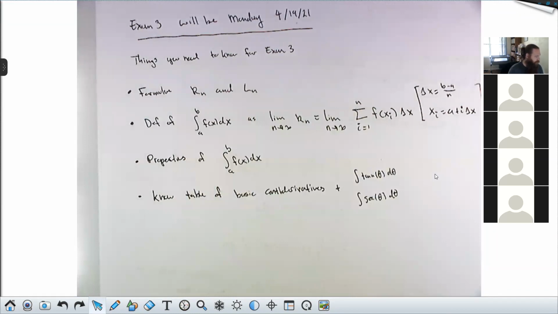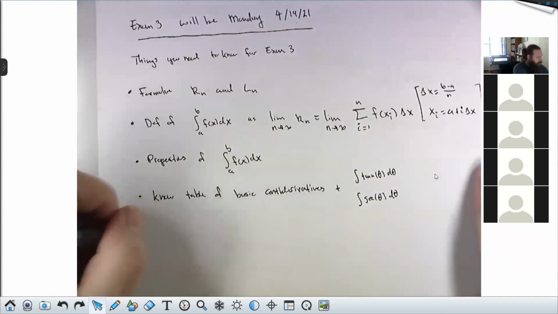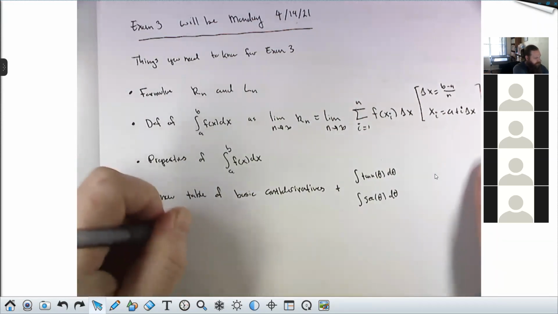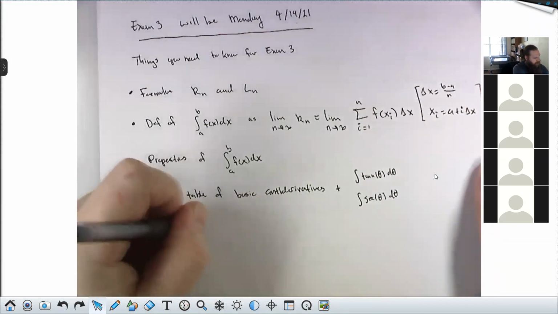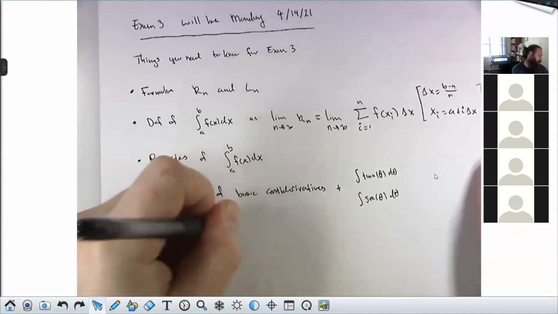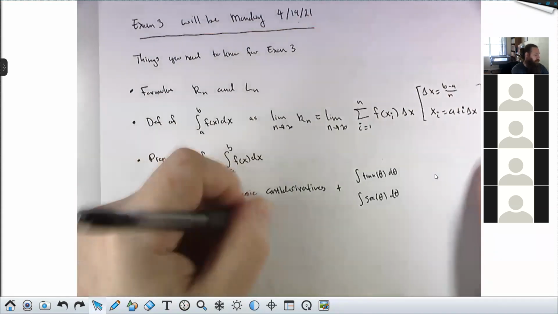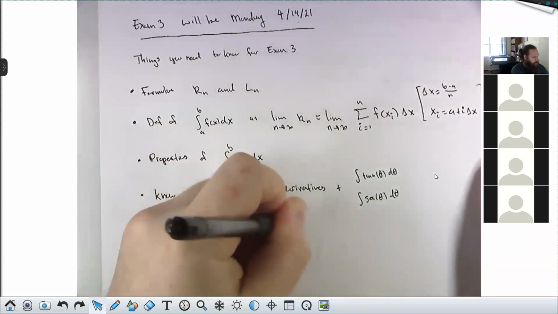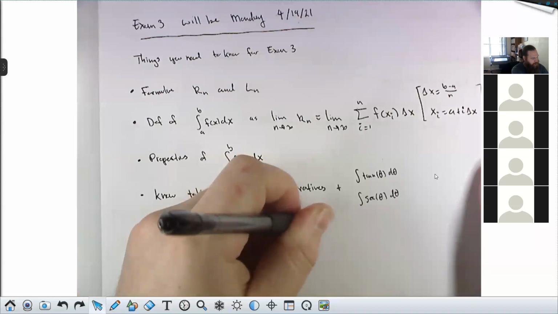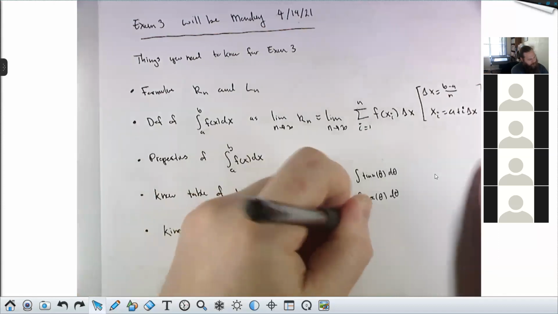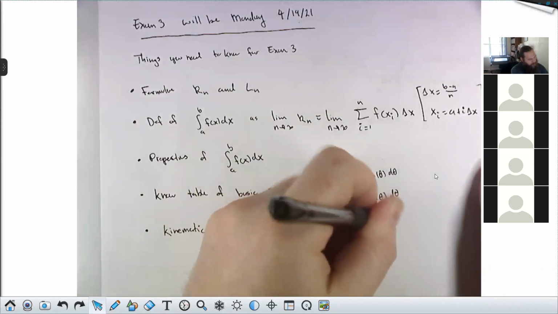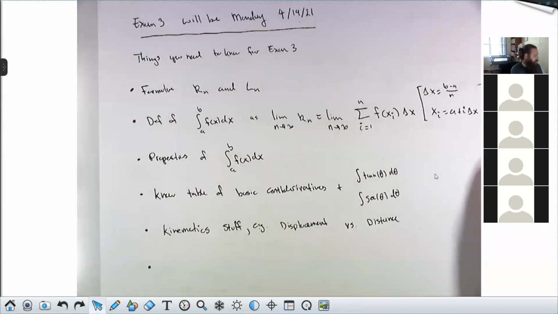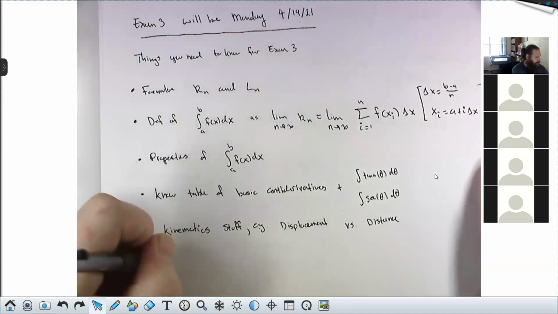What else? I'm sure I'm going to forget something here. You need to know the kinematic stuff, for example displacement versus distance. And of course, u-sub.